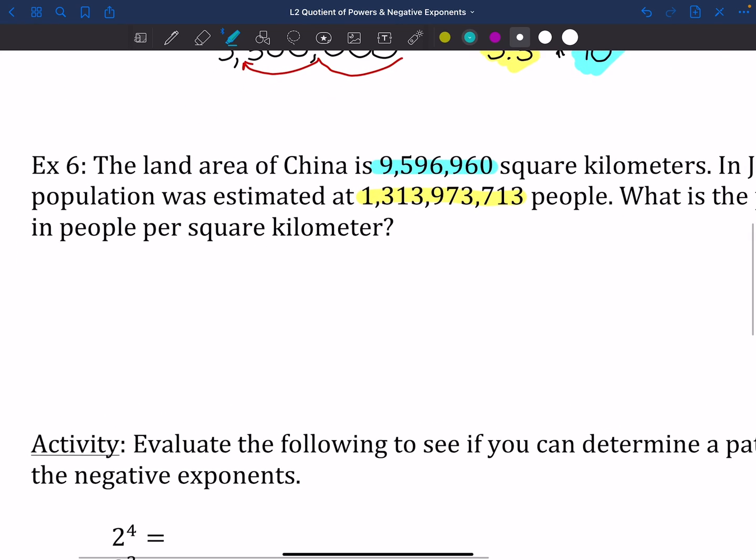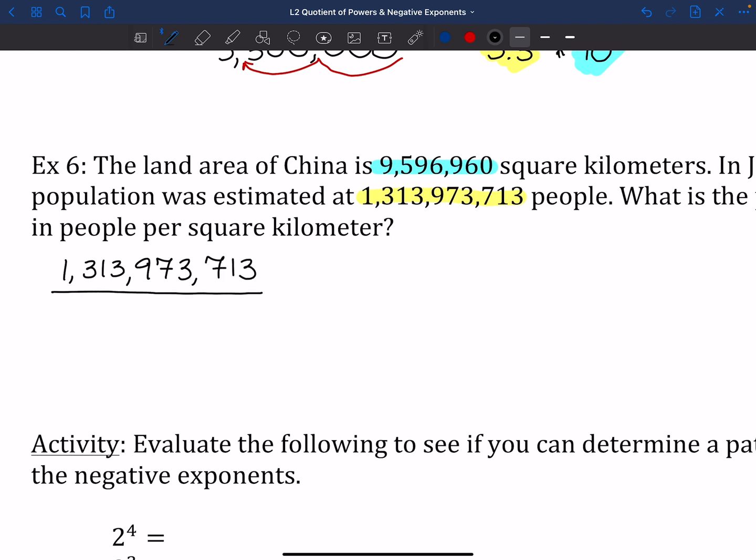All right, so let's write that out. So population, 1,313,973,713, all divided by the square kilometers, which is 9,596,960. Gross. Those numbers are awful.